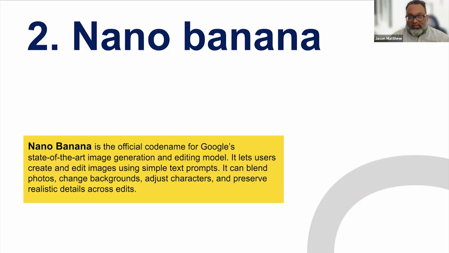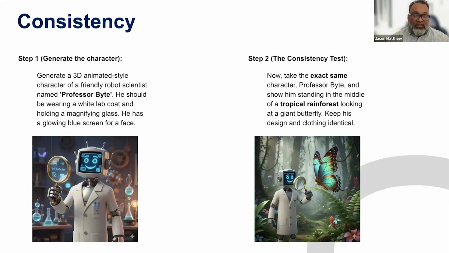I try to keep the examples though more to education based. So like for instance, one of the things that Nano Banana was the first one to do that no other, because there are other options. There's something called DALL-E in ChatGPT. There's also Midjourney, and then there are others, but those are the more popular ones that do image generation.